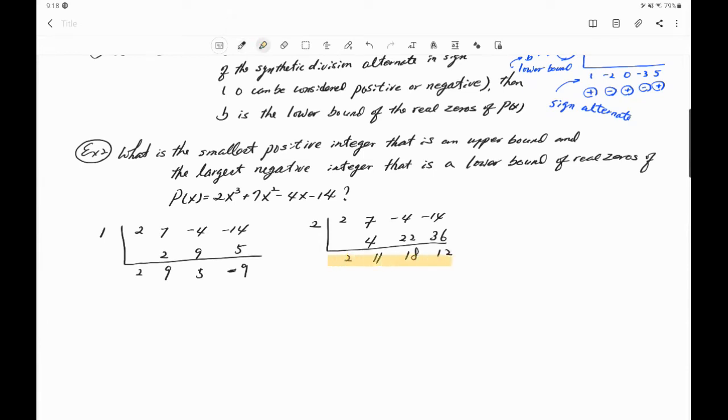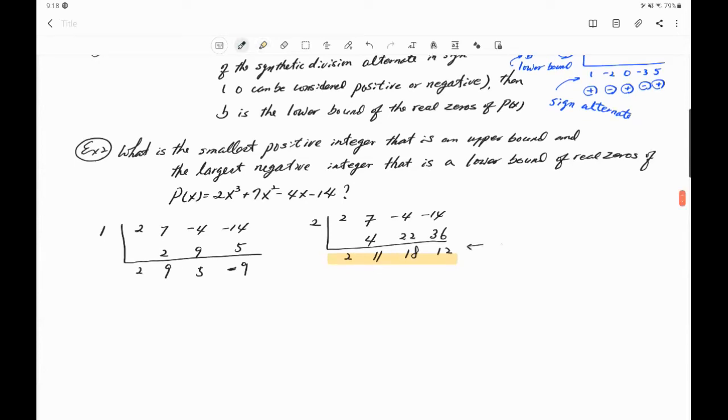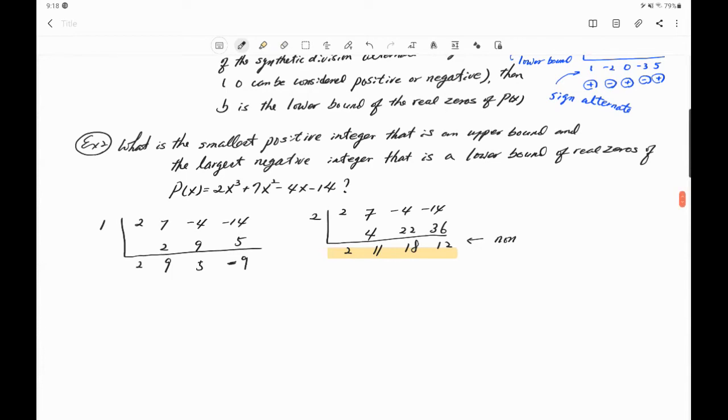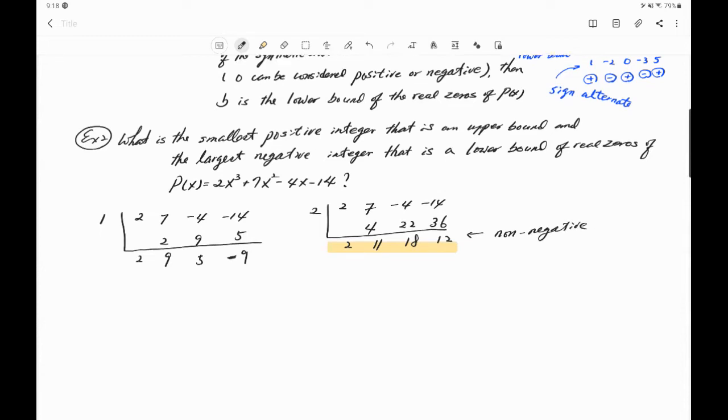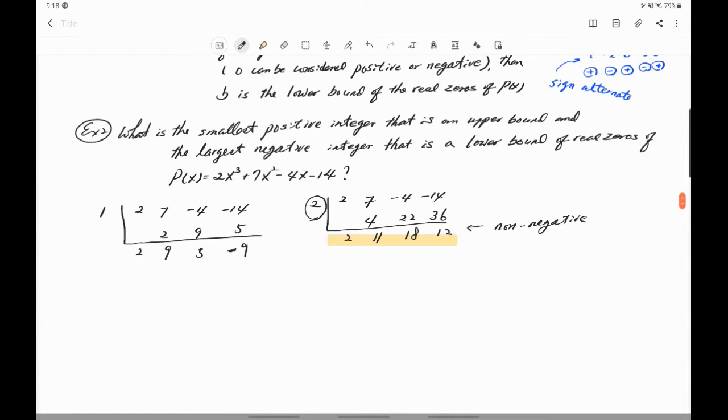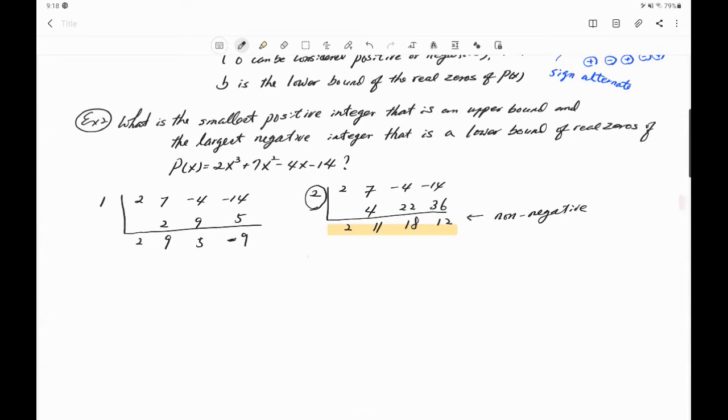These are all positive or 0, so non-negative, right? So we know that 2 is an upper bound. Can you see it? Therefore, 2 is the smallest upper bound.